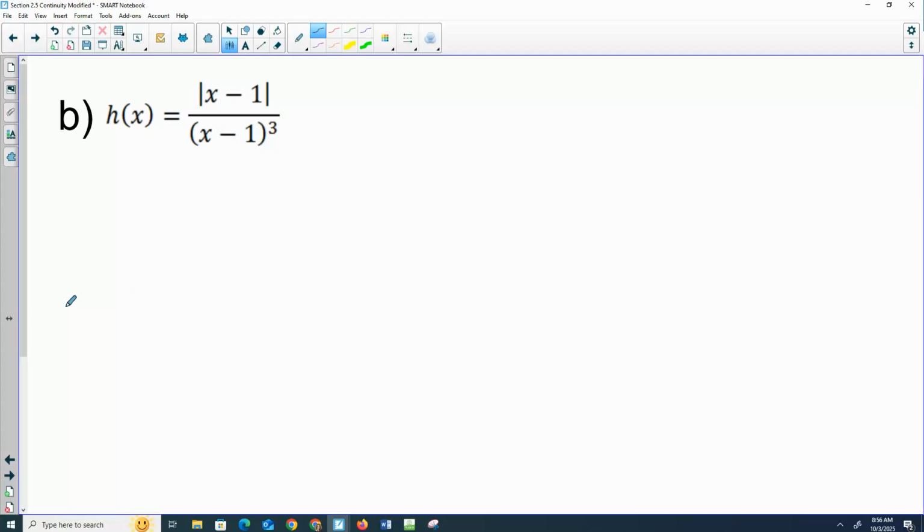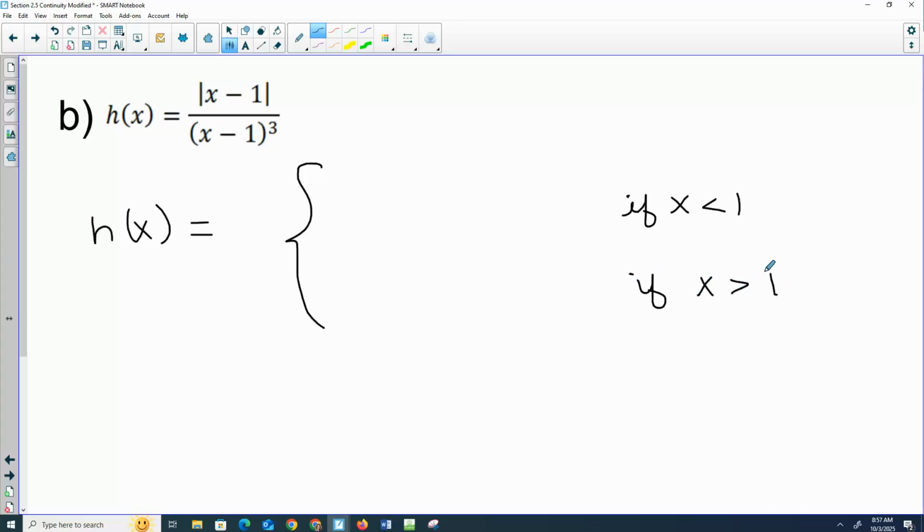Look at this one. Anytime we have absolute value functions, what do we do? We break it into pieces. So if I were to rewrite this with pieces, we have to consider the case when x is less than 1 and the case when x is greater than 1 to really get a picture of this.